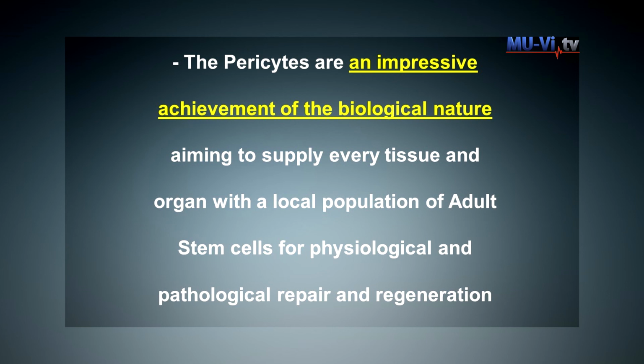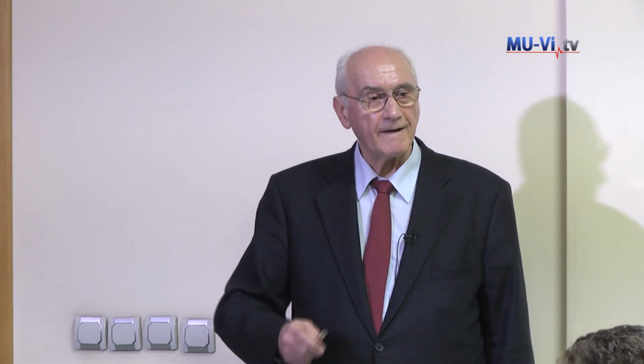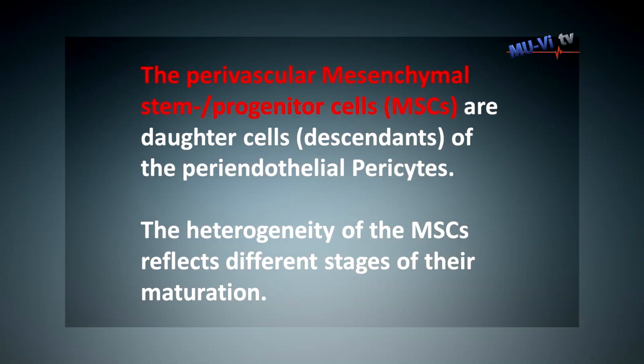And mesenchymal stem cells, which are at this time also involved in this process, are surely the daughter cells of the pericytes, descendants from the pericytes, and their heterogeneity is connected with their differentiation.